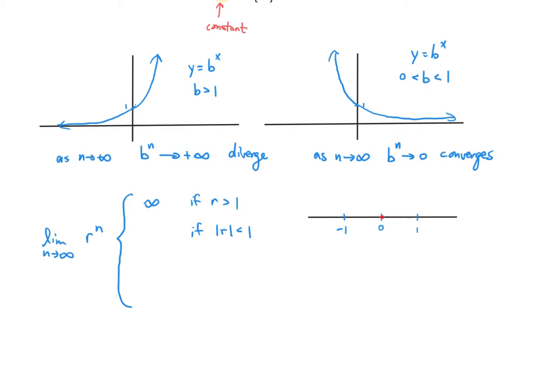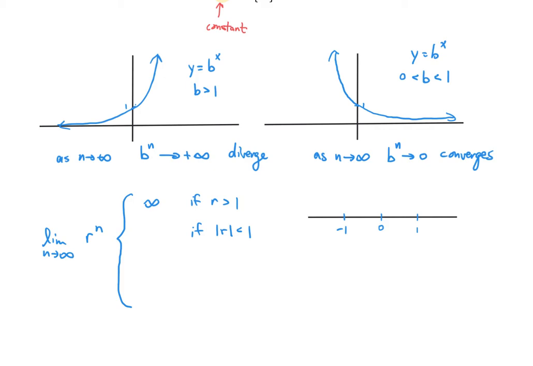If I'm in between 0 and 1, we just showed on the left side over here that for values between 0 and 1, our function's going to go to 0 as well. What happens if I'm between negative 1 and 0? We basically have the same graph over here, but with a negative in front.